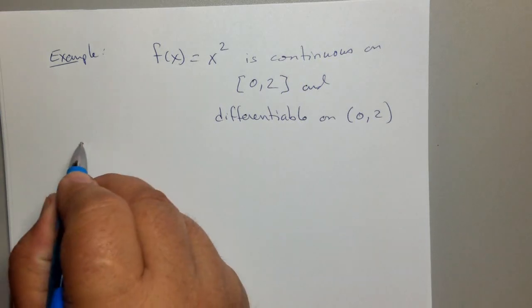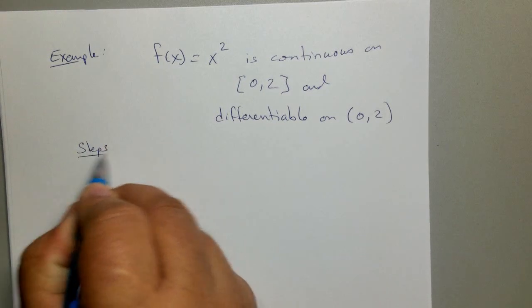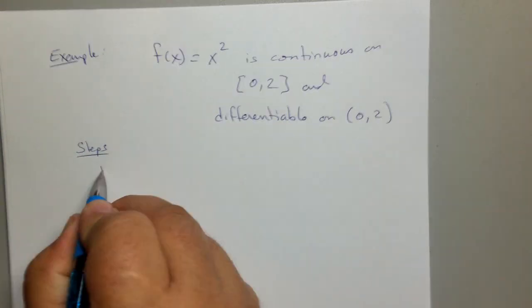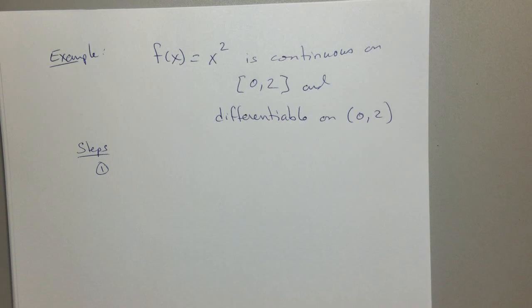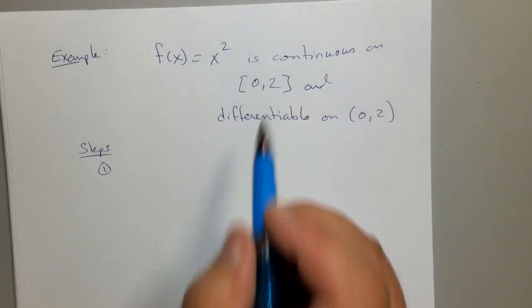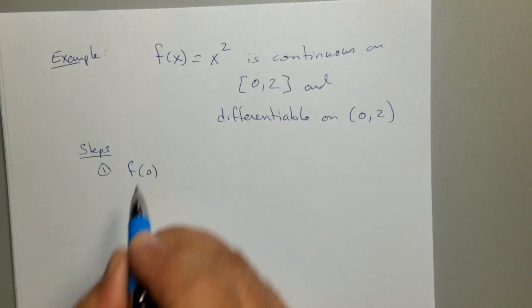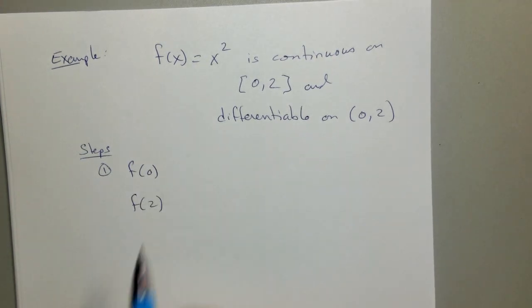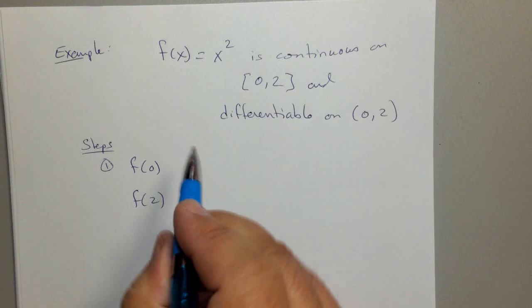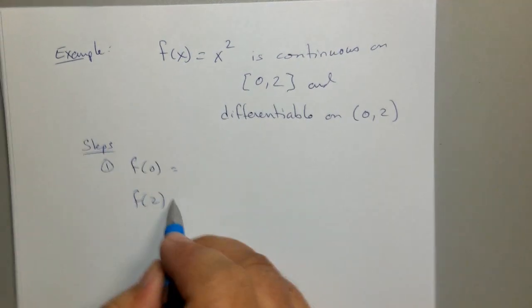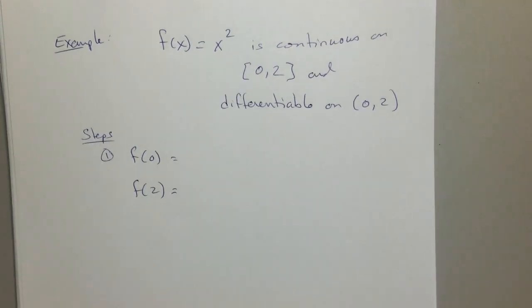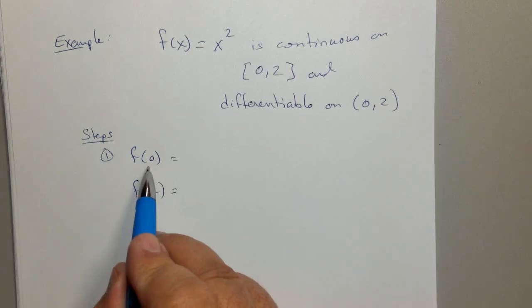So the first thing you have to do. What's the first thing you have to check? Endpoints. So we have to find f of 0 and f of 2. F of 0, what's the value?